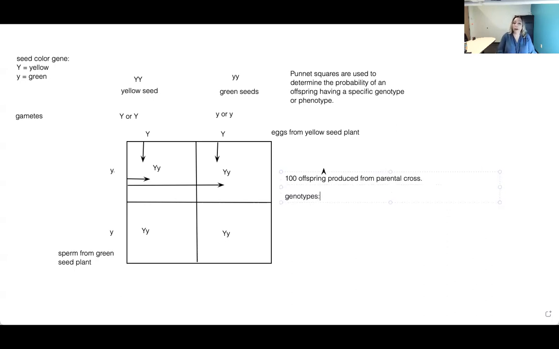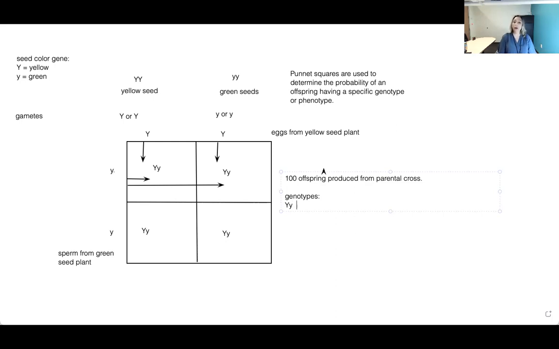So now we are going to look at the probability of obtaining a certain genotype. So what you do for this is you look in your boxes and you look at the different genotypes, like how many different genotypes did you get and what are they? So for this Punnett square, we only got one genotype, big Y, little y, okay? Now, we're talking probabilities here.